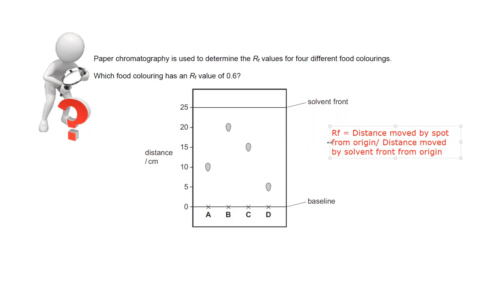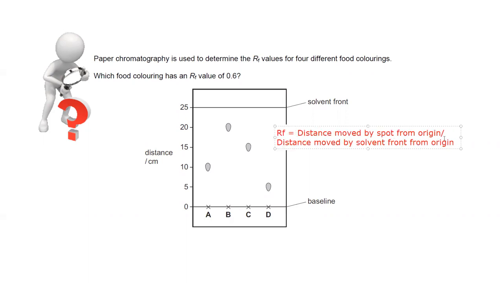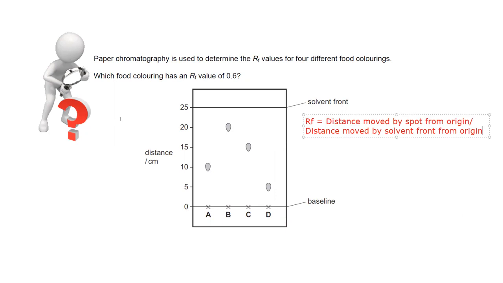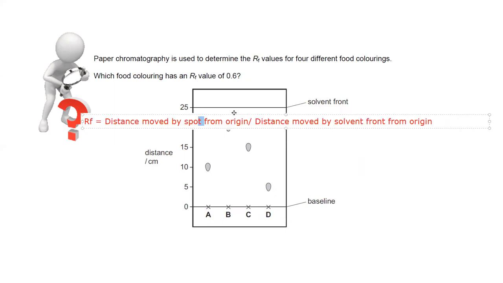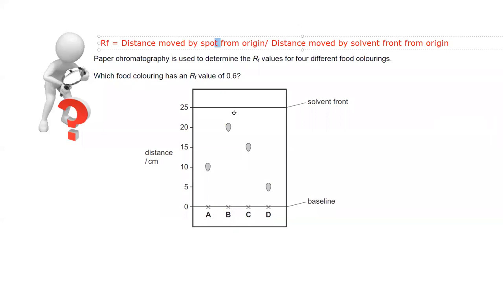That's the formula to calculate the RF value. So which food coloring has a RF value of 0.6? A, B, C or D?